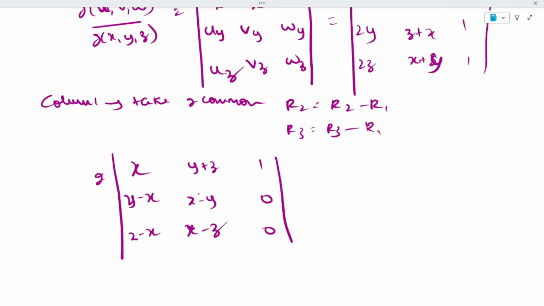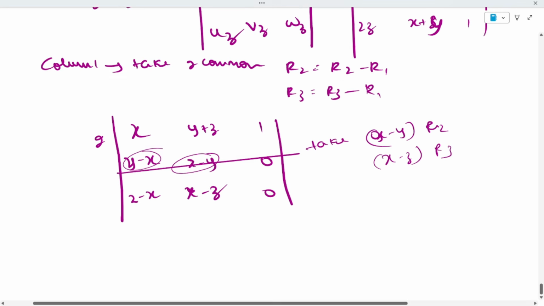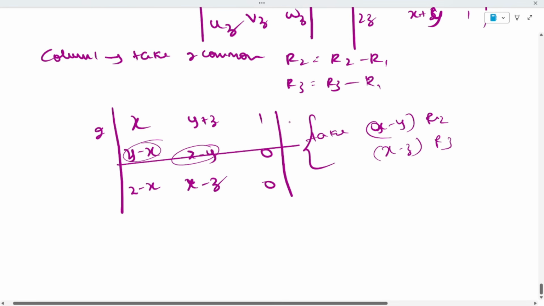Now again you can take out common right here. See, from column 2, row 2. So row 2, here x minus y. Okay. Here you can take x minus y from R2, and here you can take x minus z from R3. Okay, these are the steps you need to follow.